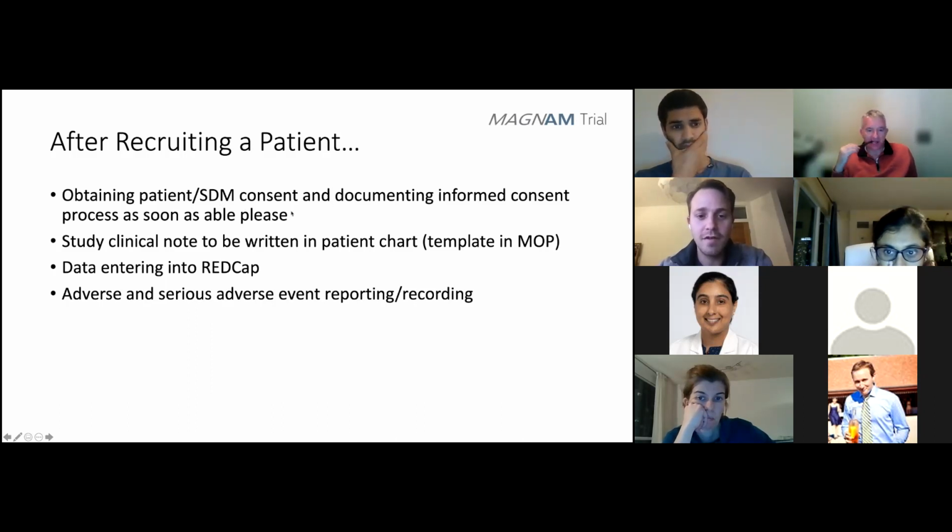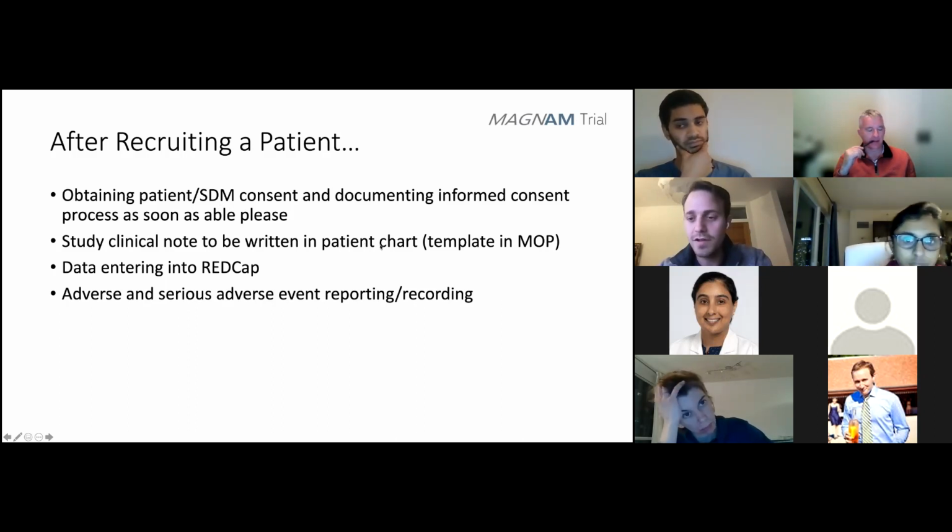We'll have a standardized consent form, which we'll share with you on our online resources, and then documenting that. Alongside that, there will be a clinical note written in the chart, and we'll provide a template for this as well. It basically says the patient has been enrolled in the MAGNAM study, this is the arm, et cetera.